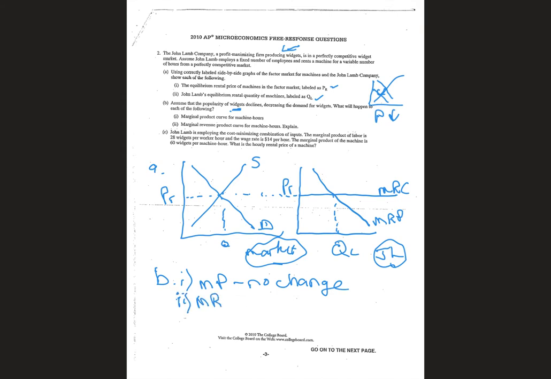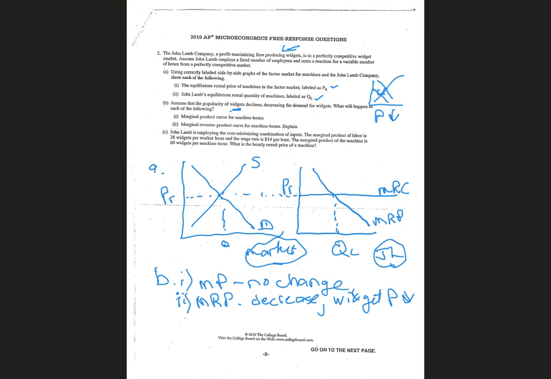However, the MRP will actually change if we know that there's decreasing demand and the price is going down. We know that the MRP will decrease, and the reason for that is the widget price is going to decrease, okay? I might write that in a full sentence if I had more space, but that's the idea.